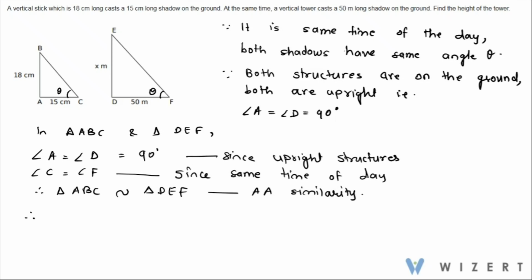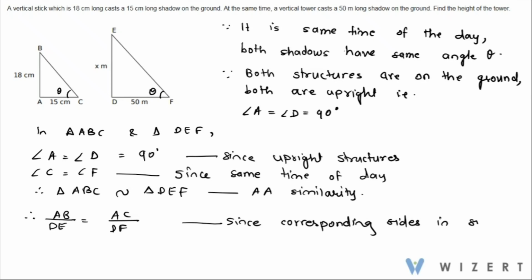Therefore, what we can say that sides are in proportion. Therefore, AB divided by DE is equal to AC divided by DF, since corresponding sides in similar triangles are in proportion.